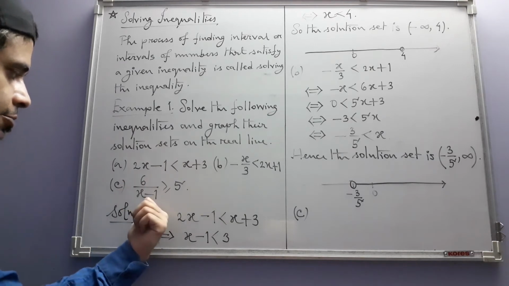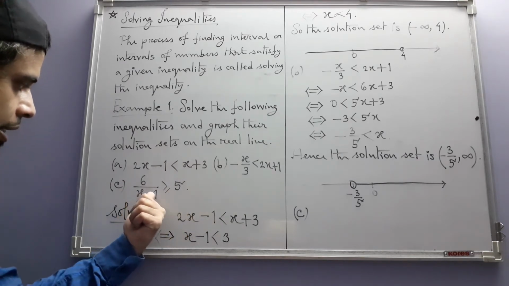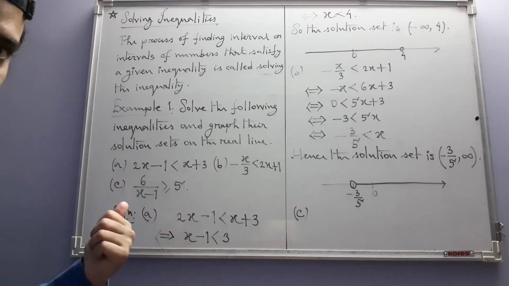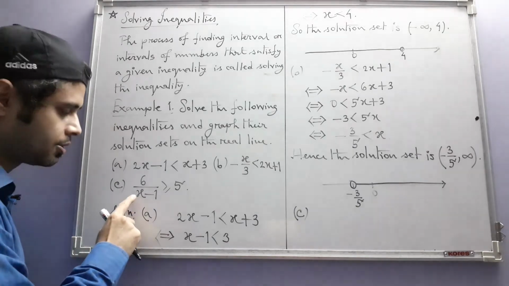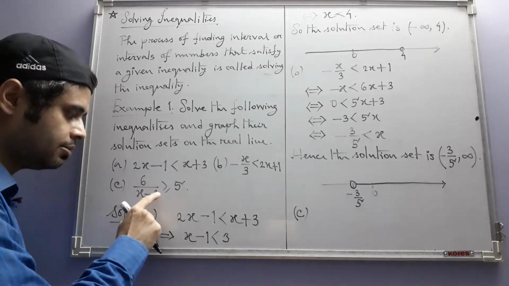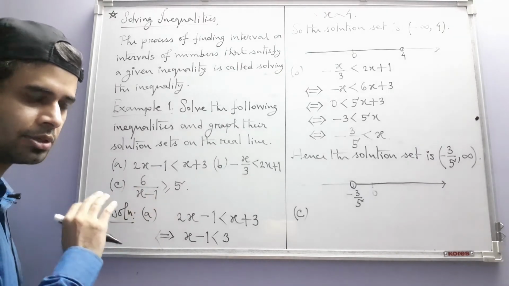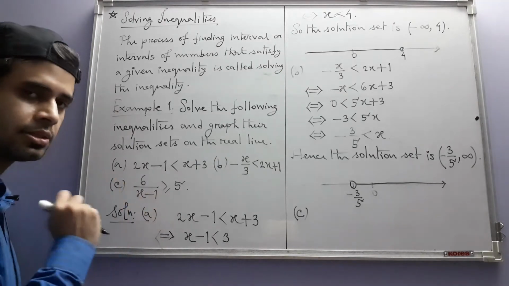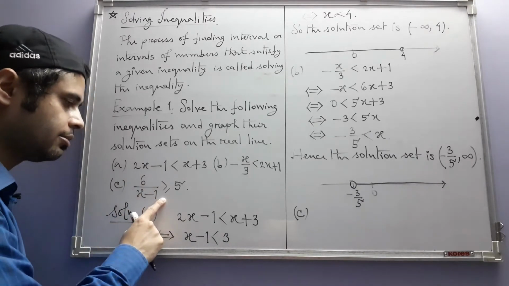But a negative number cannot be greater than or equal to 5. So x cannot be less than 1. At the same time, x cannot be equal to 1 also, because x minus 1 would then be 0, and we are not allowed to have 0 in the denominator, because division by 0 is undefined. So x has to be strictly greater than 1.